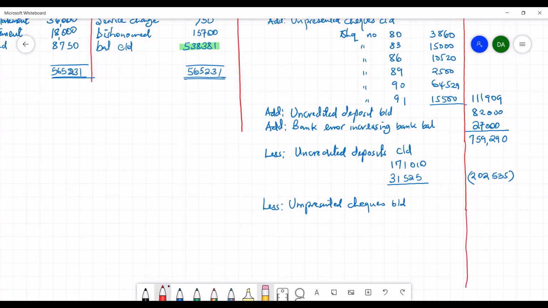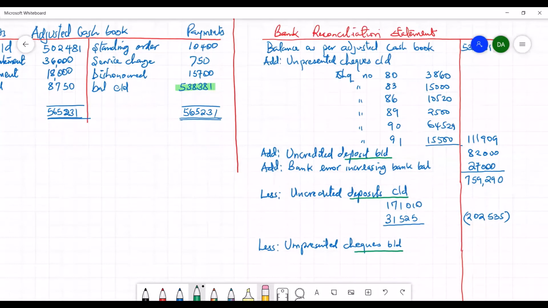You can see here, where we have uncredited deposits at the beginning, we add, but uncredited deposits at the end, we subtract.